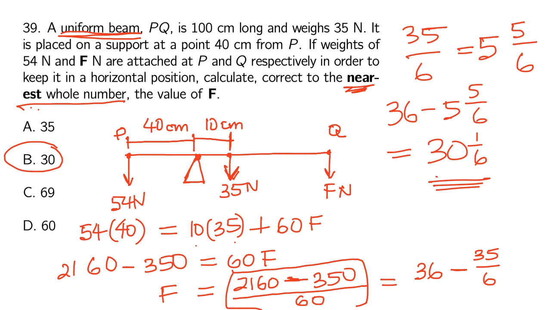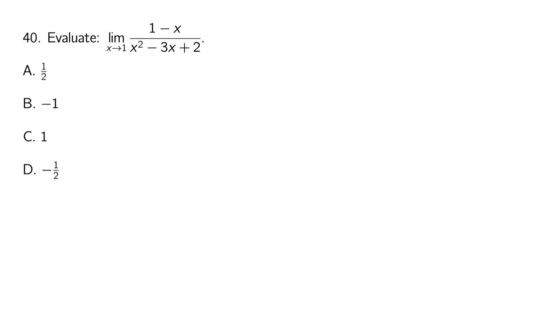The next, which is our last question, is to evaluate this limit: the limit as x goes to 1 of (1 minus x) over (x squared minus 3x plus 2). We can try to factorize this quadratic. When we do that, we get (x minus 1) times (x minus 2).